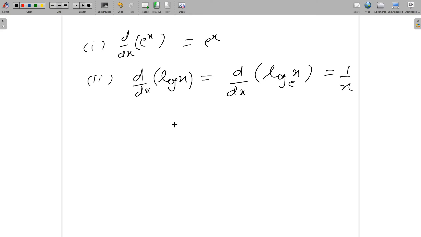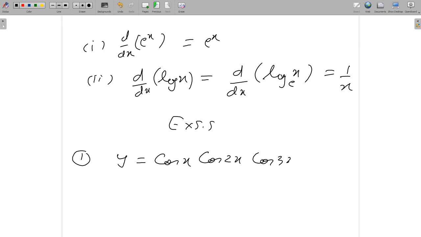Now let us do some questions based on logarithmic differentiation. So exercise 5.5, not 5.1, question number 1: y equal to cos x into cos 2x into cos 3x.